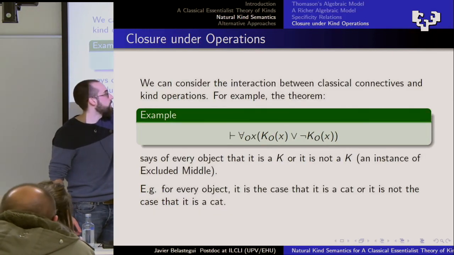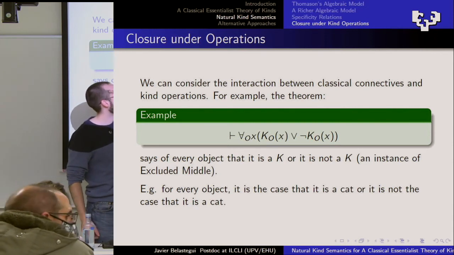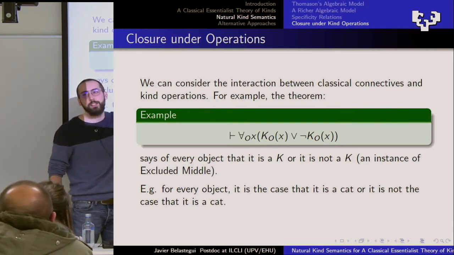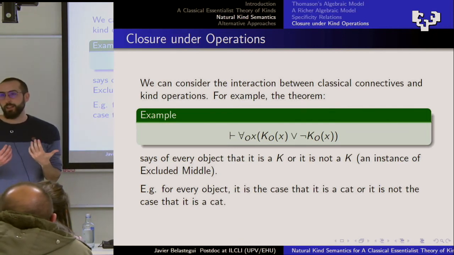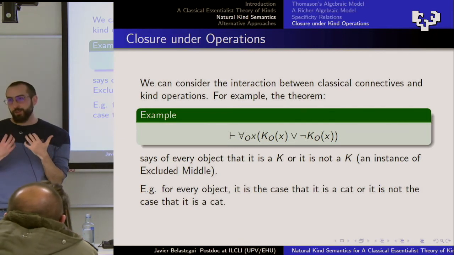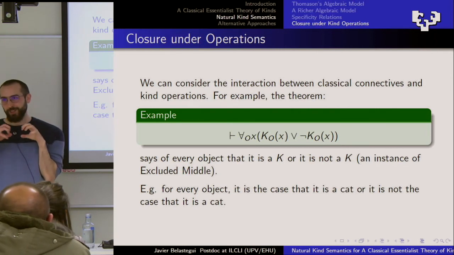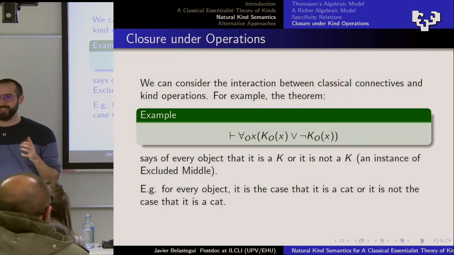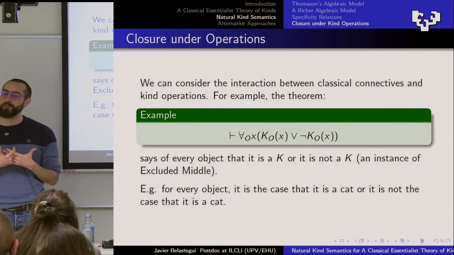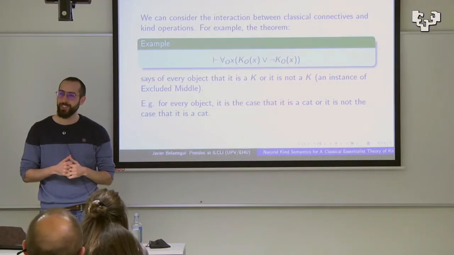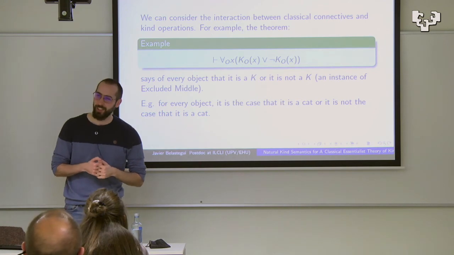It's not the case that an object belongs to the negative kind if and only if it does not belong to the original kind. That doesn't hold. The reason is that the extensions of kinds are constrained by the essential properties. So there may not be an essence that is common to all the things that are not the case. That's why it fails.